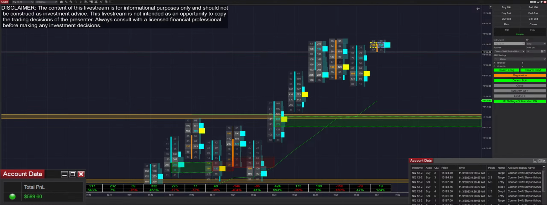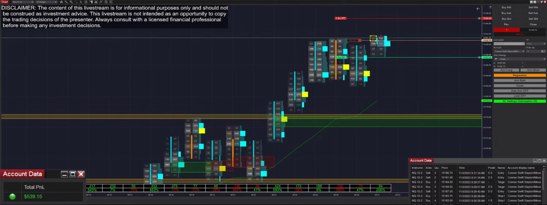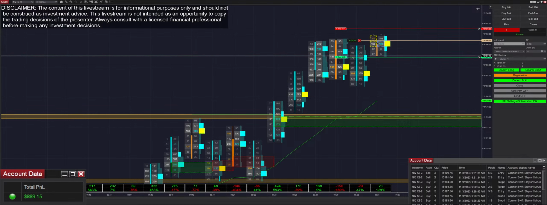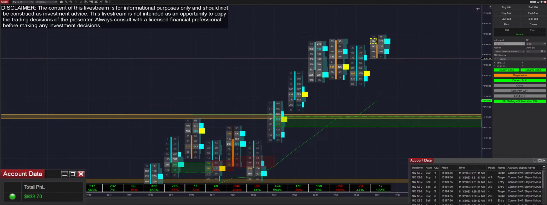Going to be switching it here into regression just because this obvious range has been formed here. Just got filled short there. Awesome.